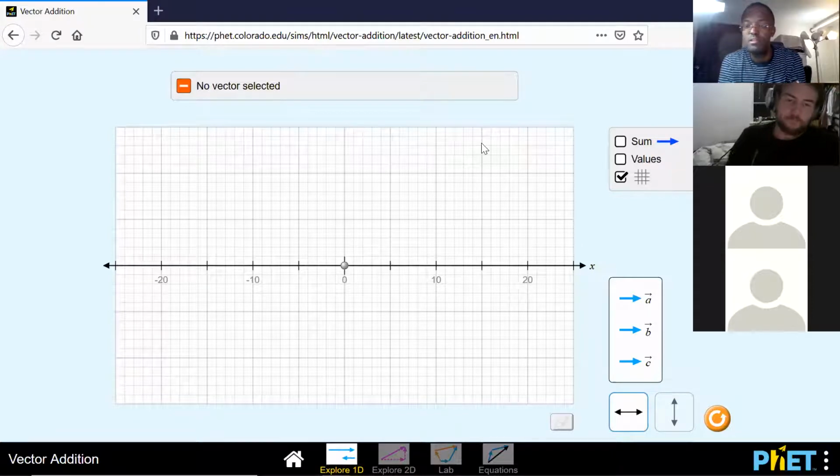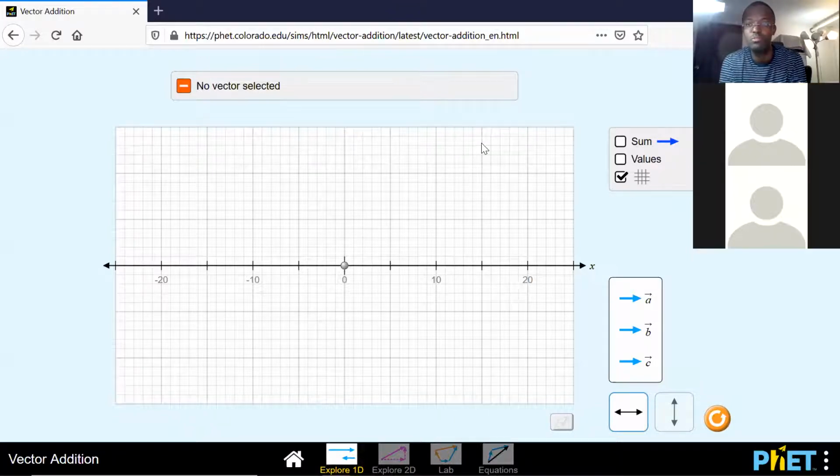It means that the object or the particle is allowed to move to the left or to the right, nowhere else. One dimension means the object is allowed only to move along a straight line.